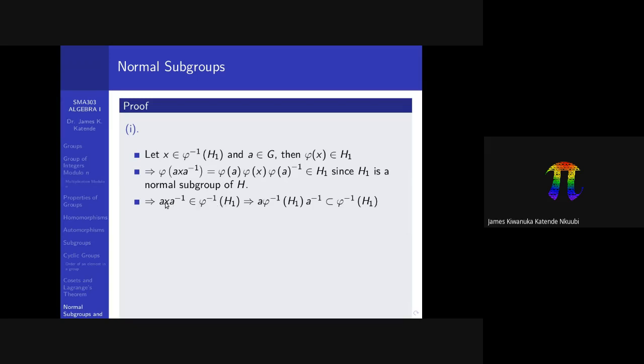And this means if you extend this, replace X by the preimage of H1, then I can conclude that if I multiply A by the preimage of H1 and A inverse on the right, I will get a subset of the preimage of H1.